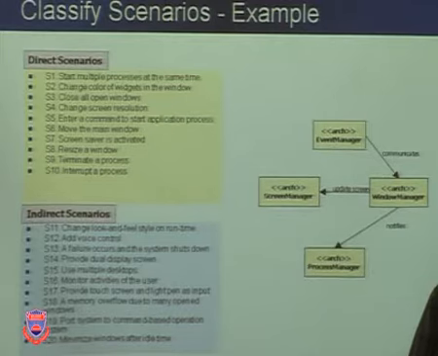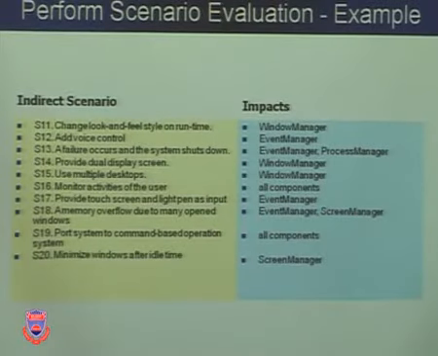Okay? And they say, is this direct, yes or no? So that you provide the evaluation. This indirect scenario impacts several components. So we perform scenario evaluation. The failure occurs and the system shuts down. It appears that this scenario impacts two components.